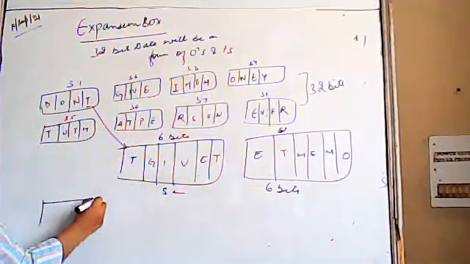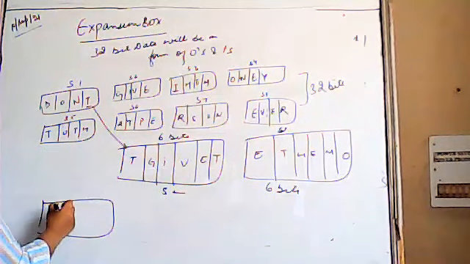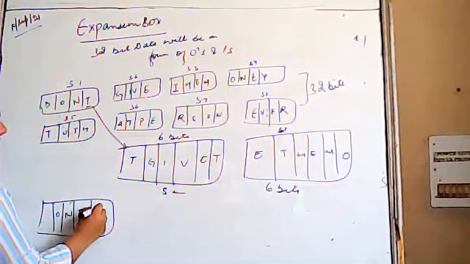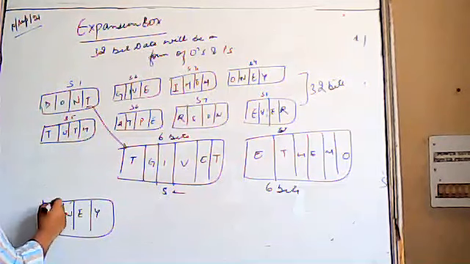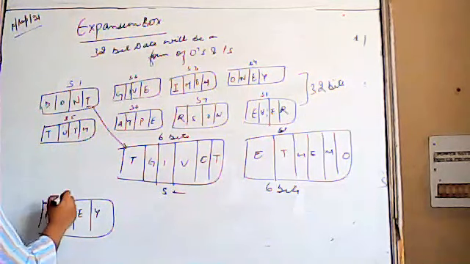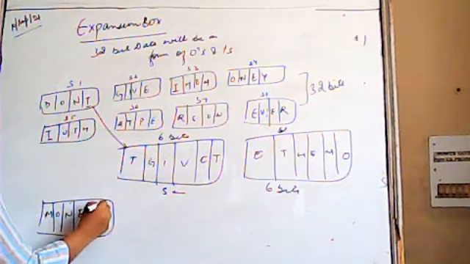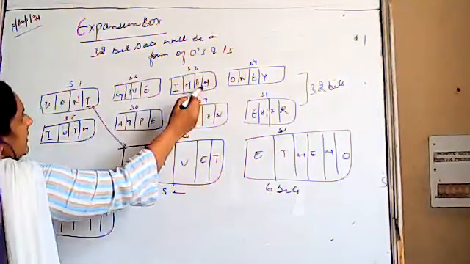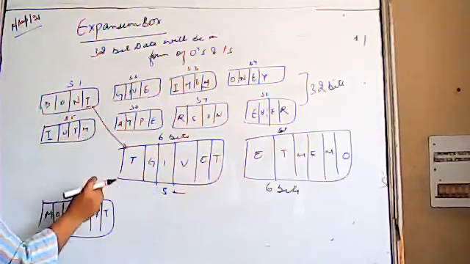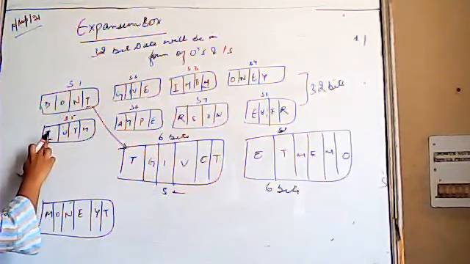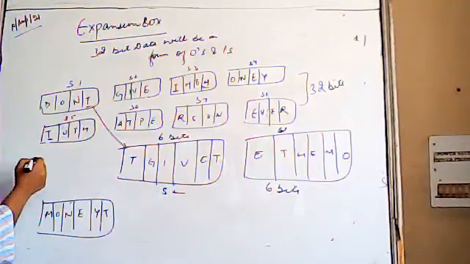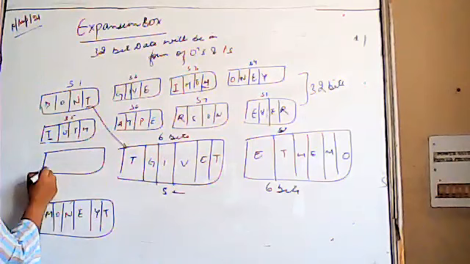Now, O, N, E, Y: take the last letter from S3 and the first letter from S5. So this becomes MONEYT. ONEY as it is, take the M from here and the first alphabet from S5. So this becomes like this. Now let's do the first one.